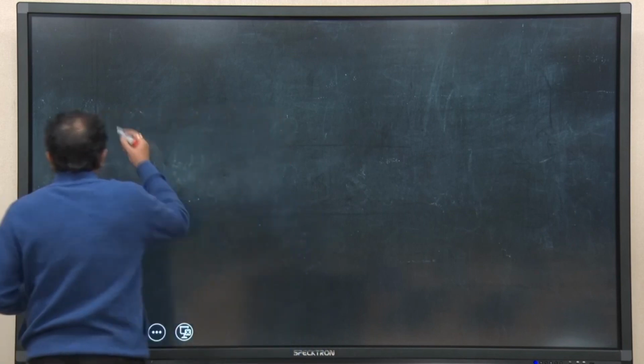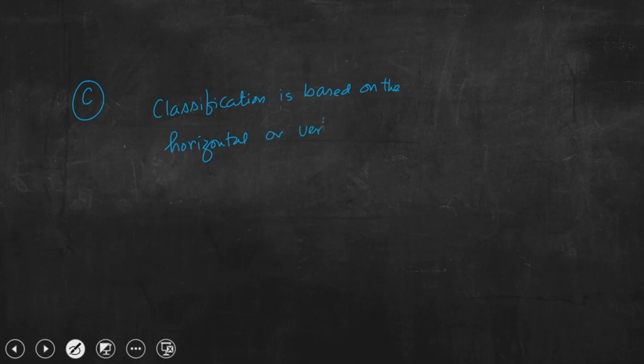Next we will be discussing the third type, that is the classification based on horizontal or vertical type.